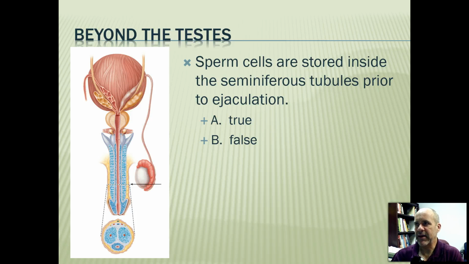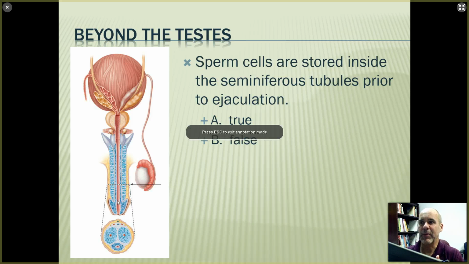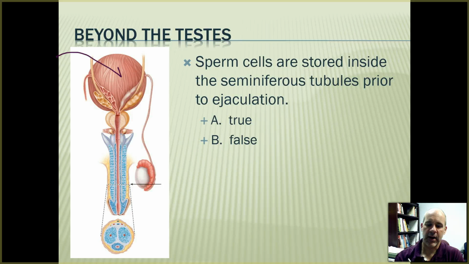Okay, this is kind of an odd diagram from your textbook. It can take a minute to realize what kind of view you're getting here, but this is a posterior view of, now hopefully you recognize that that's the bladder, and of course there's a testis, and epididymis, vas deferens, and then that's wrapping around the top of the bladder, and this wider area there is the ampulla of the vas deferens.